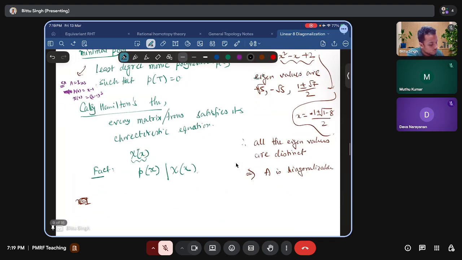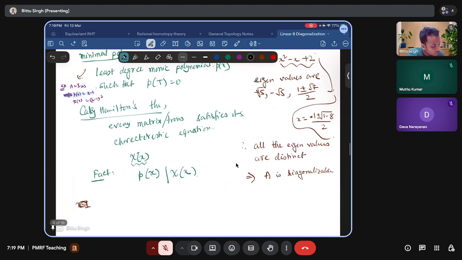So let p(x) be its minimal polynomial. Then it is clear that p(T) equals 0. But we already know that if a polynomial of some matrix is 0, then the polynomial of the eigenvalues is also 0.